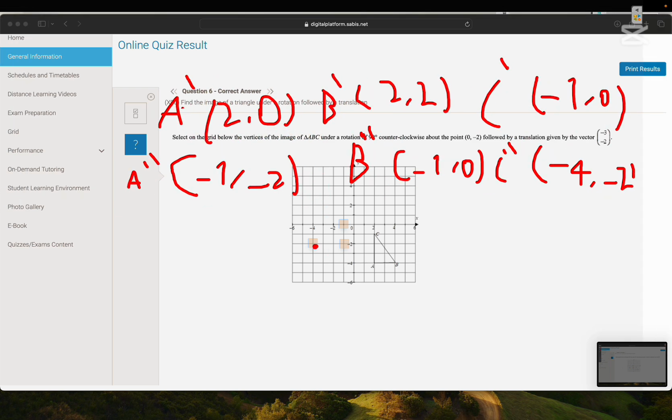Okay, so here is -4, -2, here is -1, 2, and here is -1, 0.